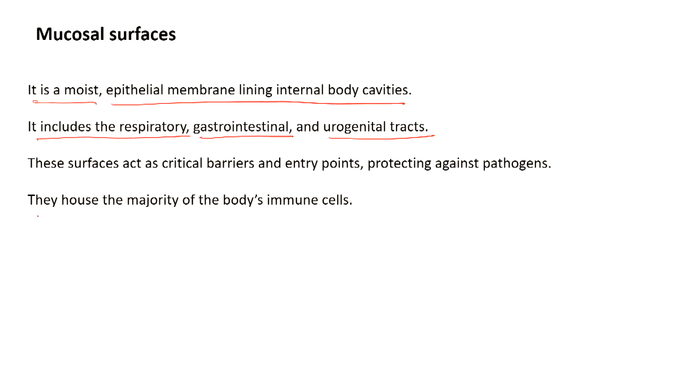So the nostril is giving a direct entry to pathogens to the lung, which is an internal organ, and again the oral cavity gives entry to the alimentary canal, urogenital tract, and other things, because that's an entry point. And they house the majority of the body's immune cells, but there are variations that are different from the systemic immune response which we have discussed till now.